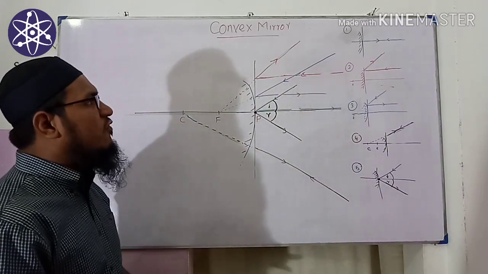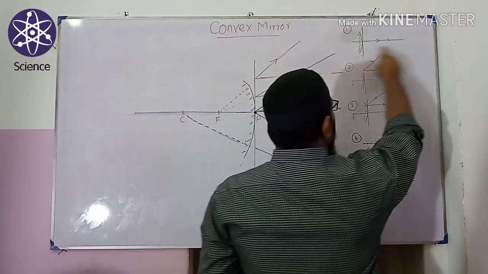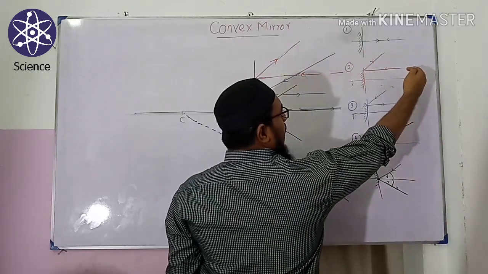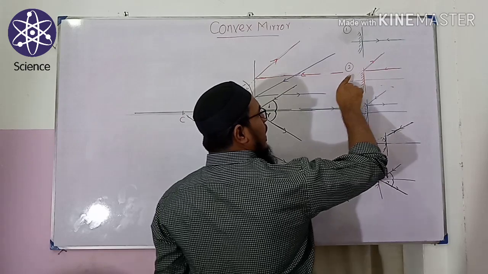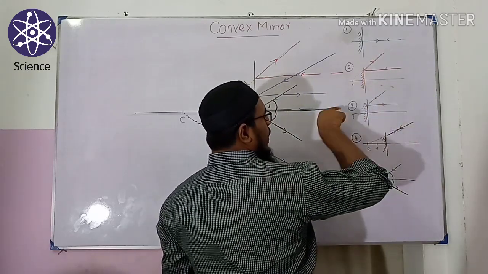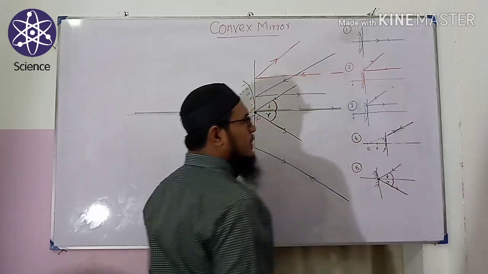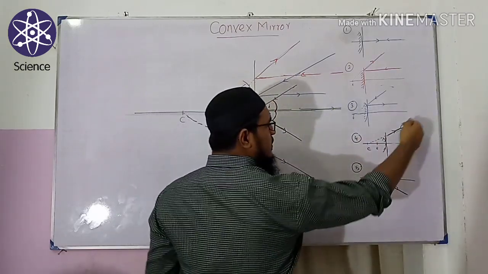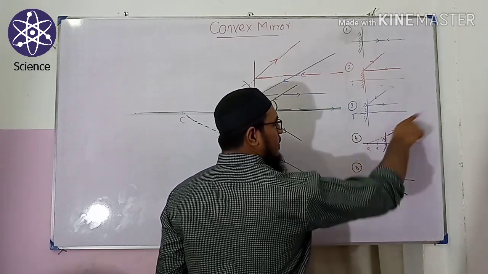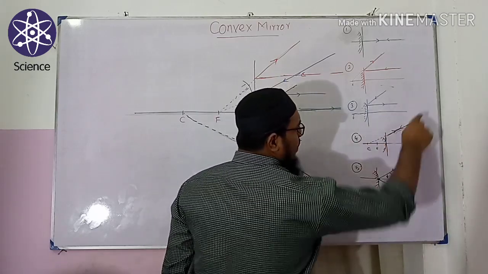So to summarize all 5 theories: along the principal axis, goes back along the principal axis. Parallel to the principal axis, getting diverged as if coming from the focal point. Towards the focal point, getting diverged parallel to the principal axis. And towards the center of curvature, along the center of curvature, back the same pathway.